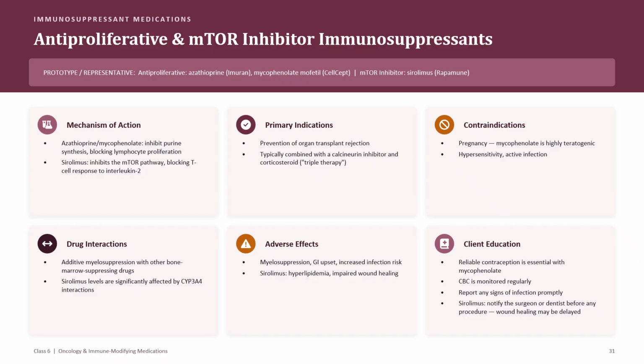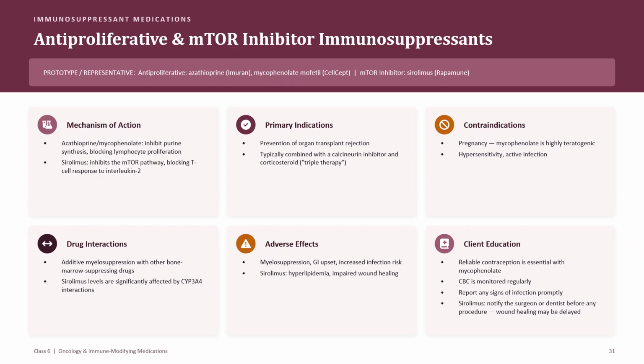One clinically distinct detail worth knowing here is that sirolimus impairs wound healing. This is why surgeons and dentists need a heads up before any procedure on a patient who is taking that medication.